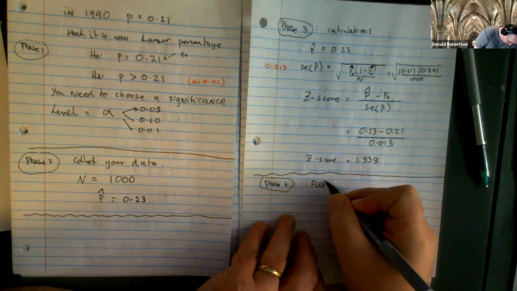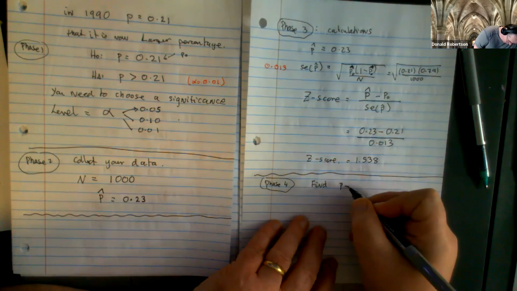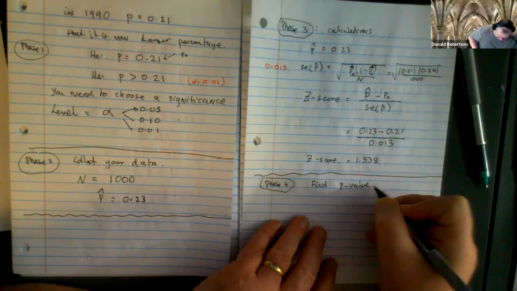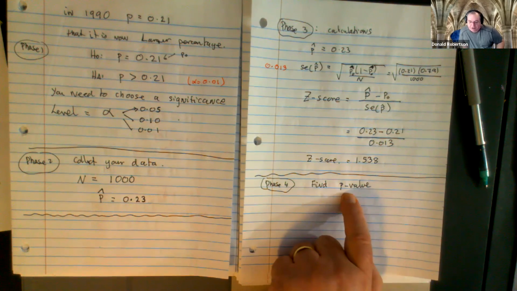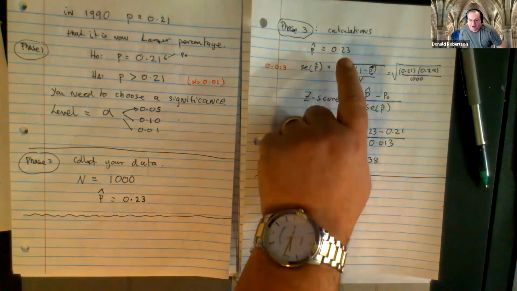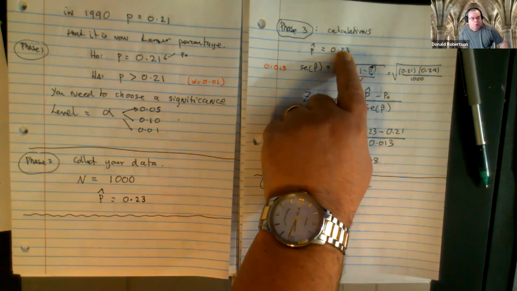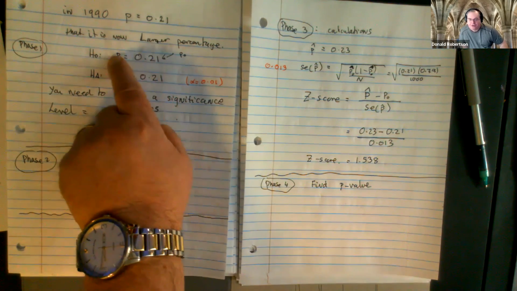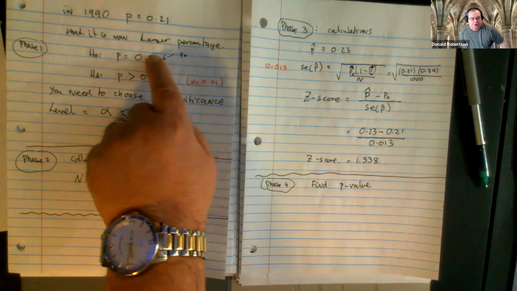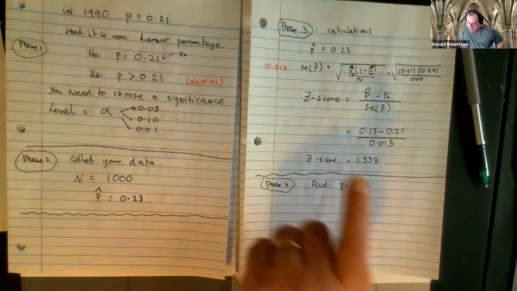We're now going to find a guy called the p-value. This is the probability that you got this sample when the original information was true. So what's the chance that just by randomness, you got this sample? That's what the p-value is calculated.